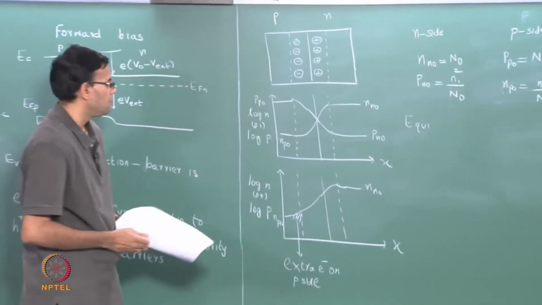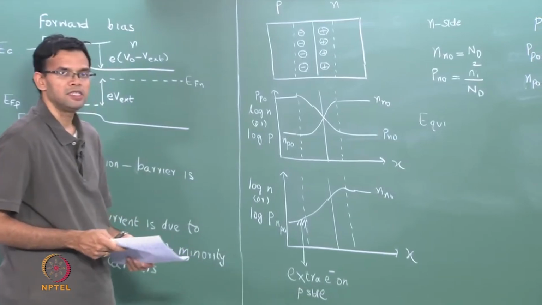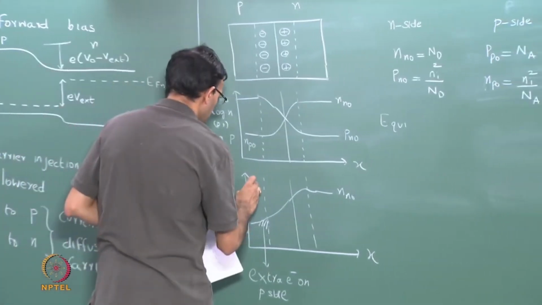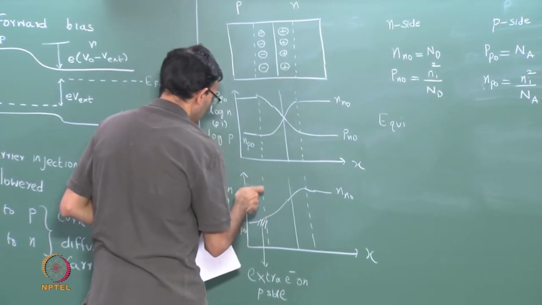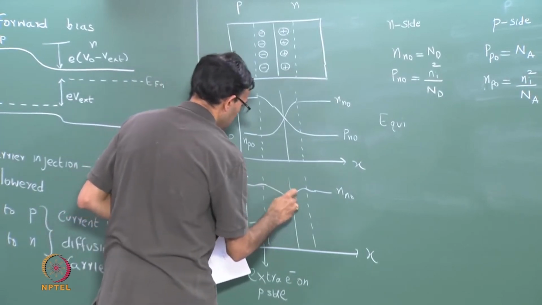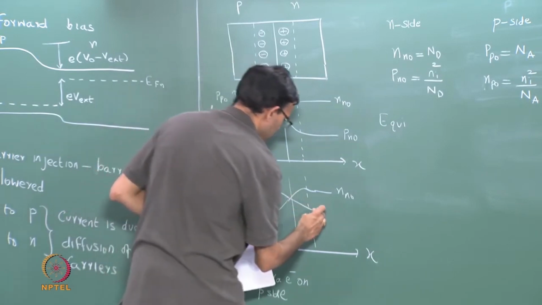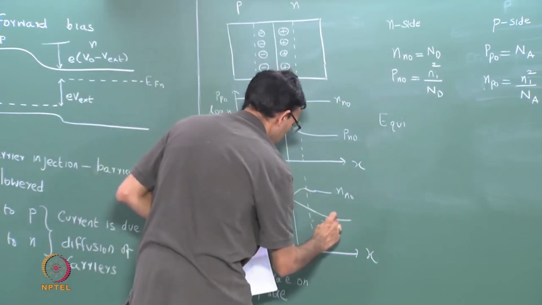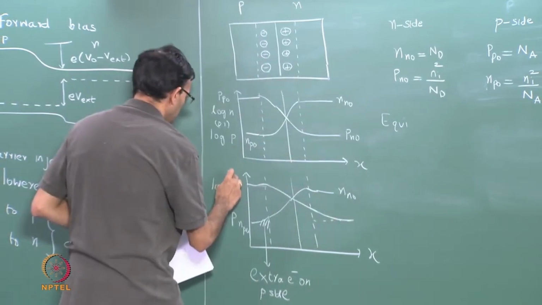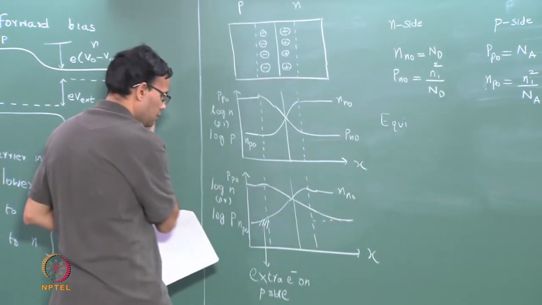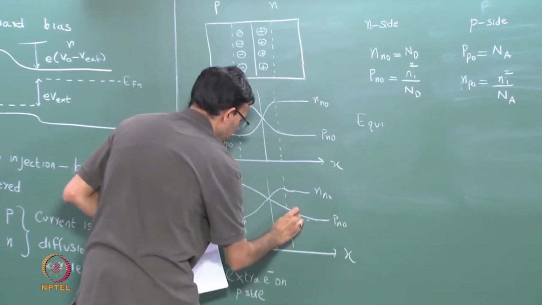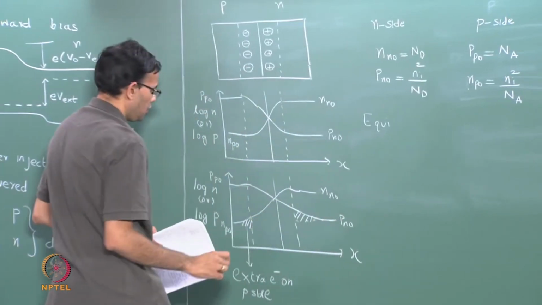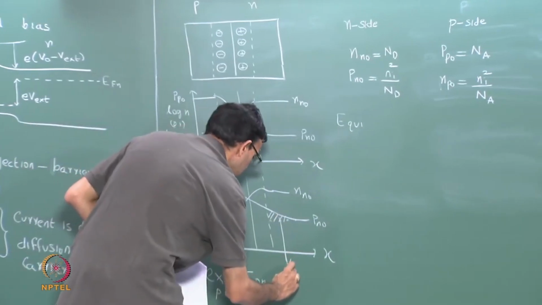In the same way, we have some extra holes that are being injected from the p side. So once again, if you draw this, so that you have p naught, p n naught, and you have some extra holes.